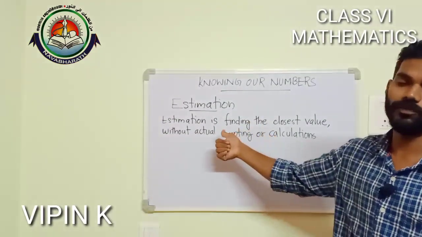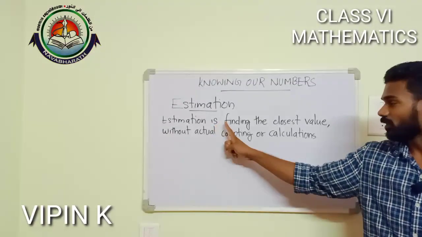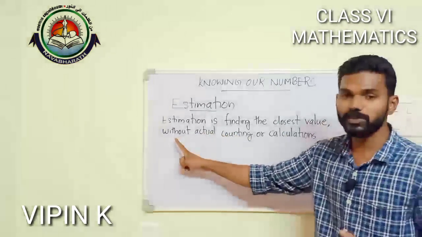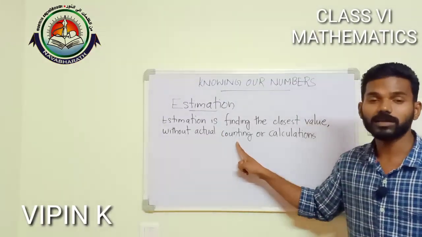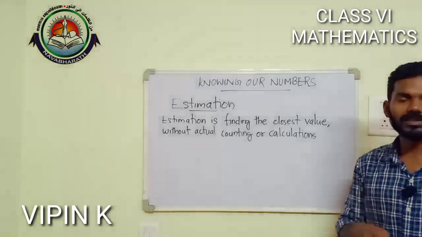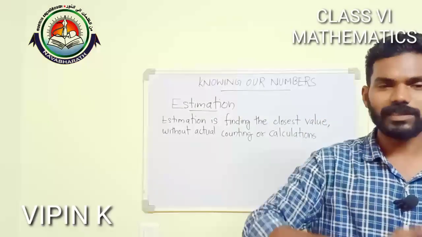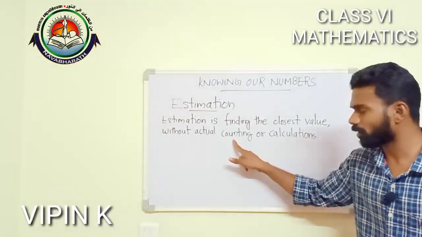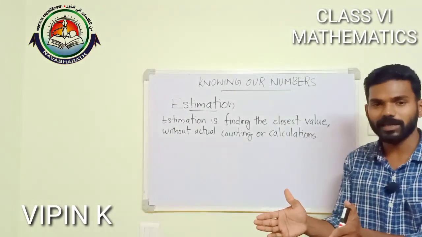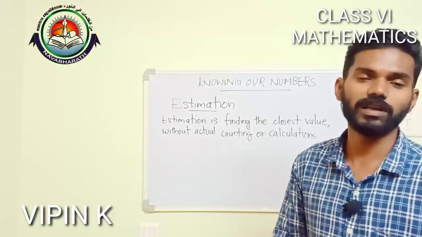Here is the definition of estimation. So just read it. Estimation is finding the closest value without actual counting or calculations. Clear? So listen carefully. If we need the actual values or the correct values, either we need to count or we need to do some calculations so that we can have an exact, correct value of some quantity.